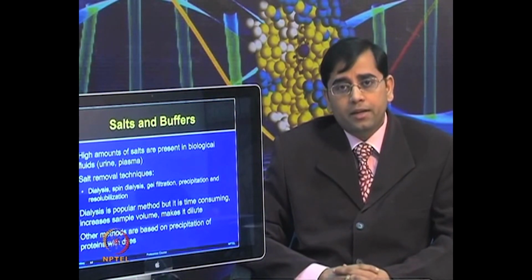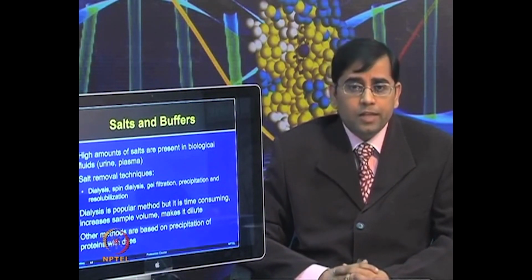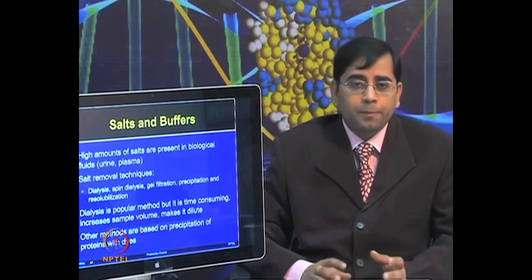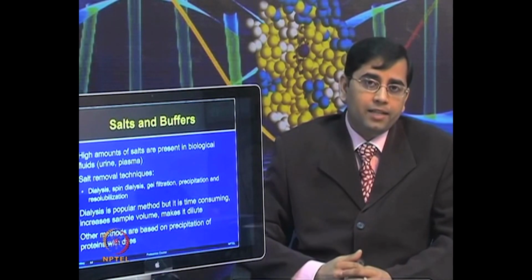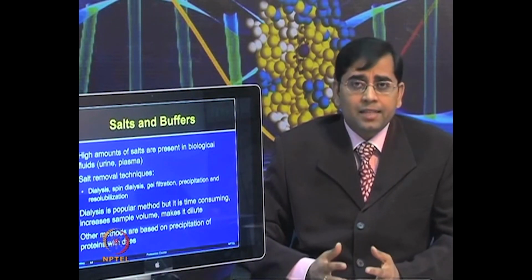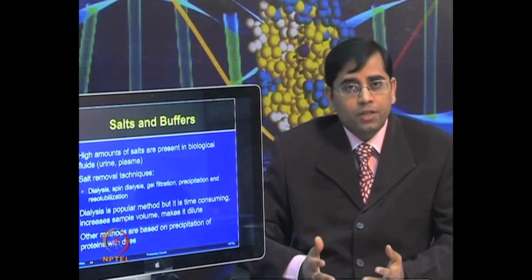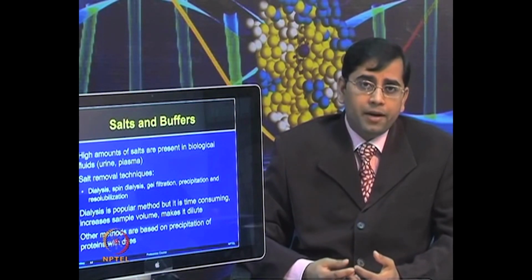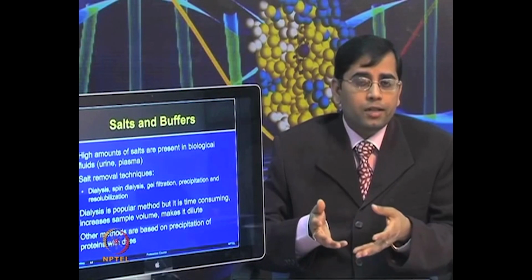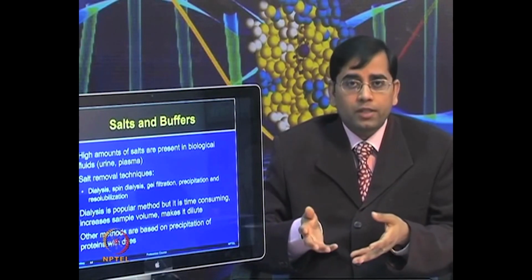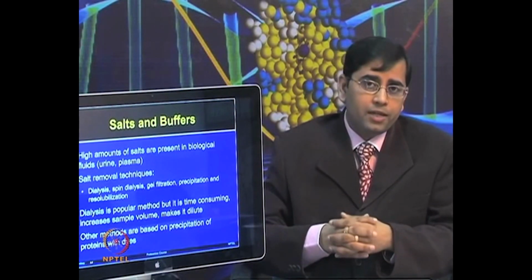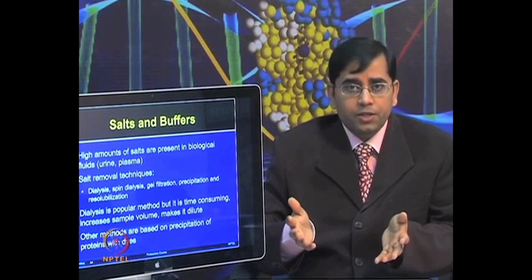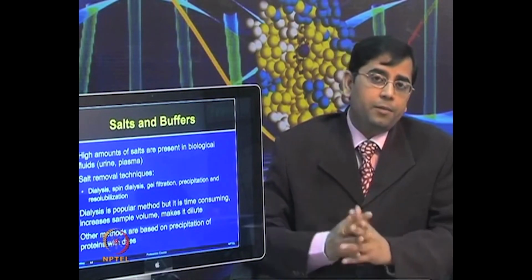These methods could be dialysis, spin dialysis, gel filtration, precipitation and resolubilization. Dialysis is one of the most commonly used methods, in which you add your sample, the protein along with salt or other interfering components, in a dialysis membrane, and in water or a different buffer condition, slowly the salt can be eliminated.